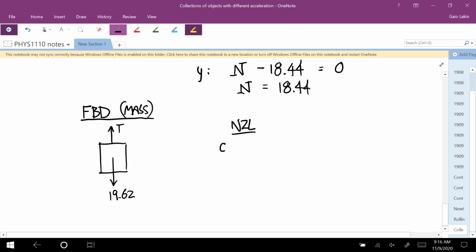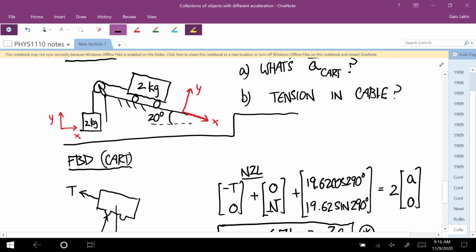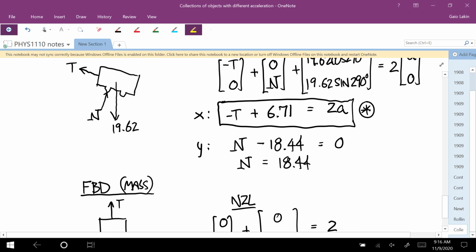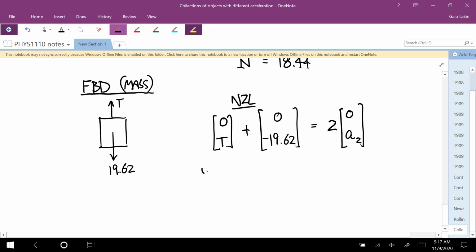And then Newton's second law says 0T plus 0, negative 19.62 is equal to the mass times the acceleration. Okay, so what's the acceleration of this hanging mass? It can only go up and down. So I'm going to write that as 0, A2. So the y equation says T minus 19.62 is equal to 2A2.